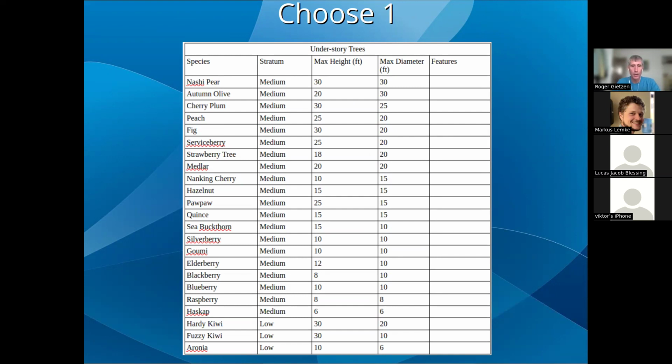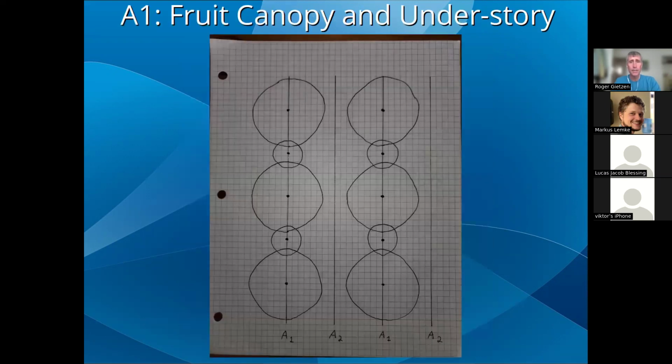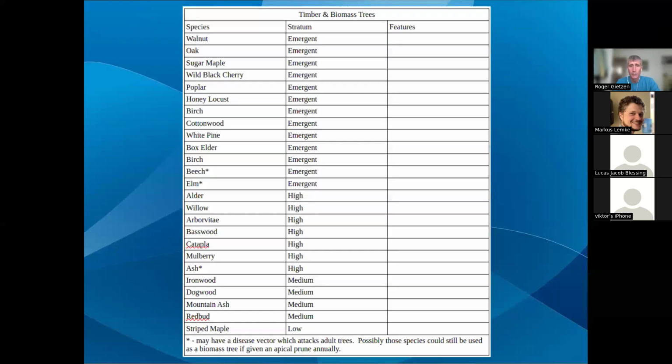I came up with their diameter and their height, and then I start drawing. Here, I think what I have is apple and one of these shade-loving plants, like serviceberry or something small, aronia, and I drew them to scale so that I can kind of see how it's working, okay?